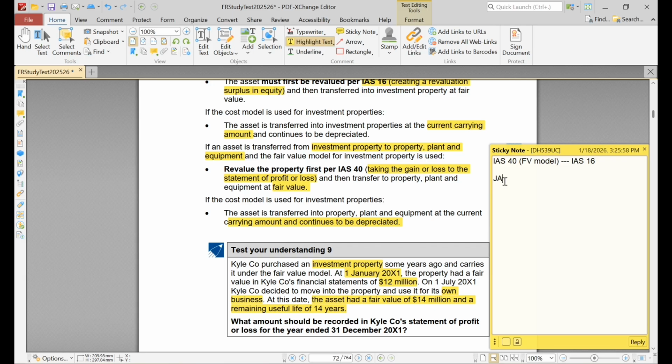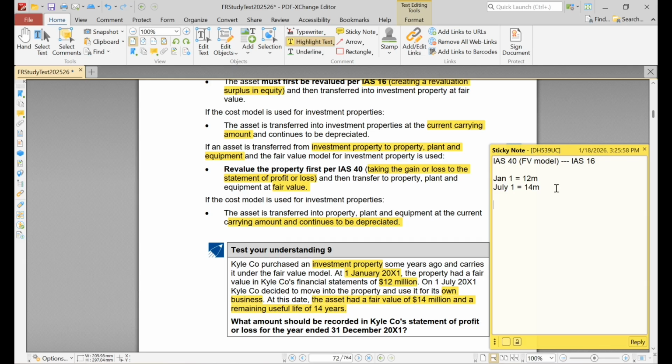On January 1, it has been valued at 12 million. On July 1, it has been valued at 14 million, and on July 1, it has been transferred to PPE.